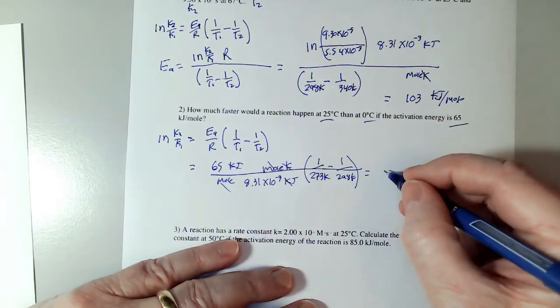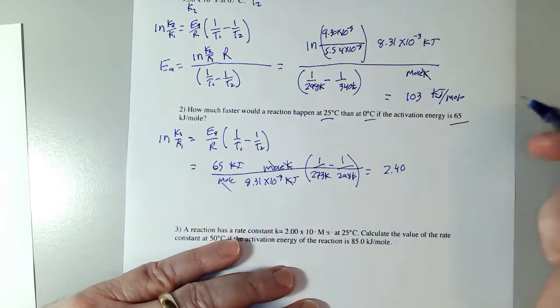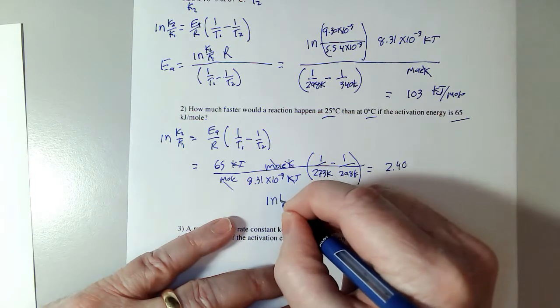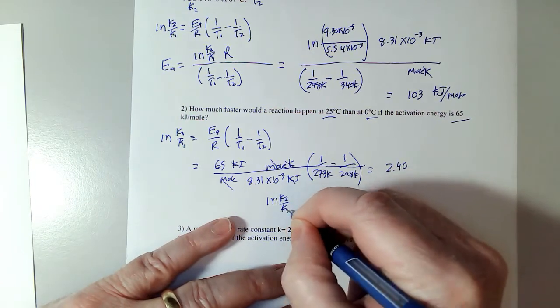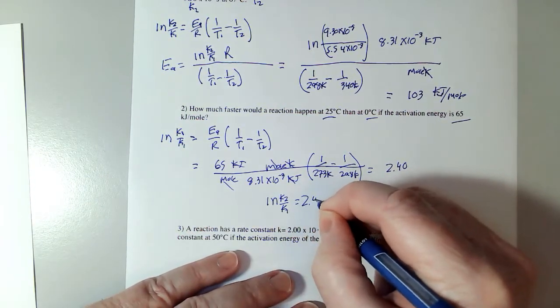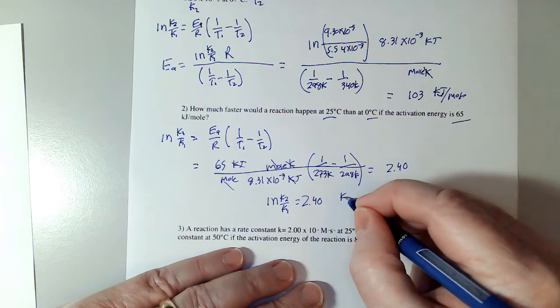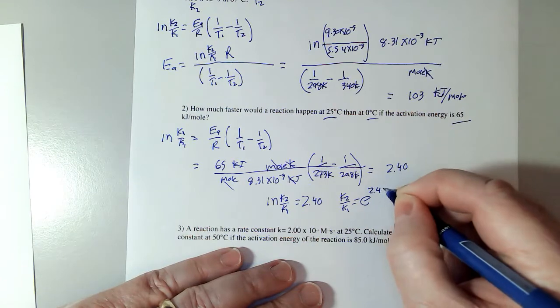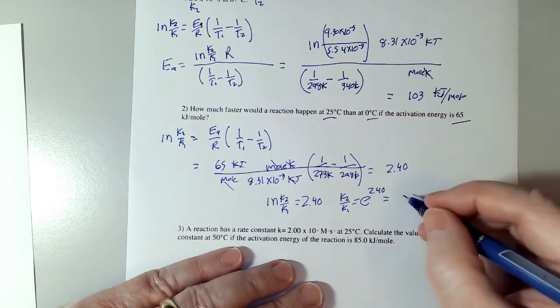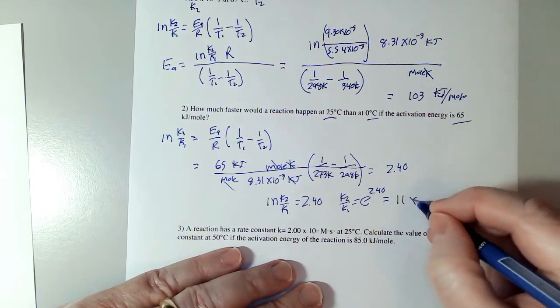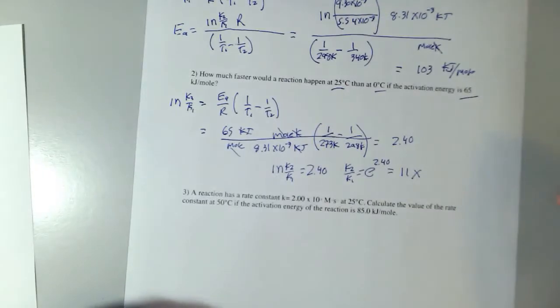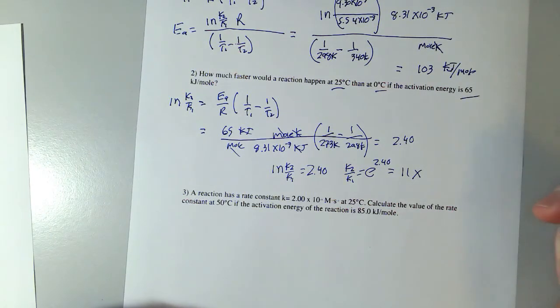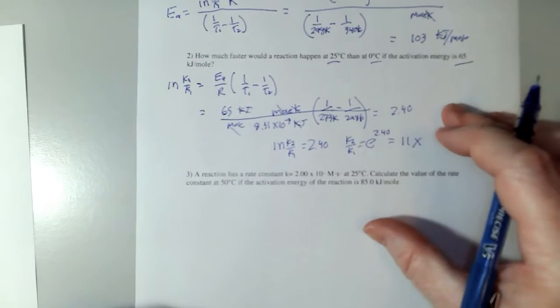So this ratio equals 2.40. So if the ln of K2 over K1 equals 2.40, K2 over K1 equals e to the 2.40, which equals about 11. So it's about 11 times faster. Okay? All right.